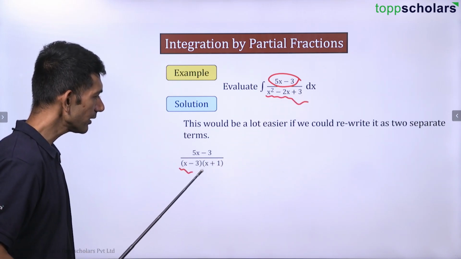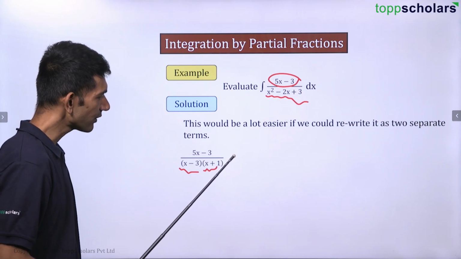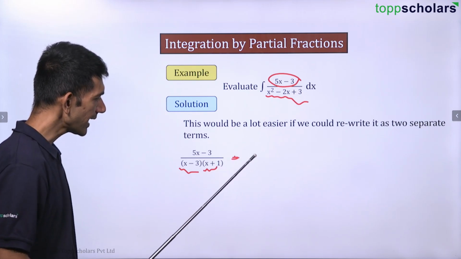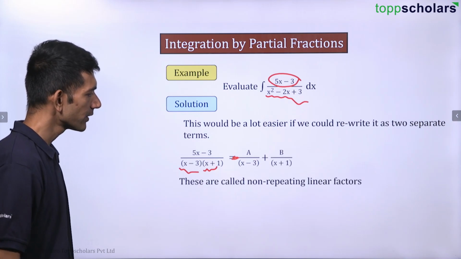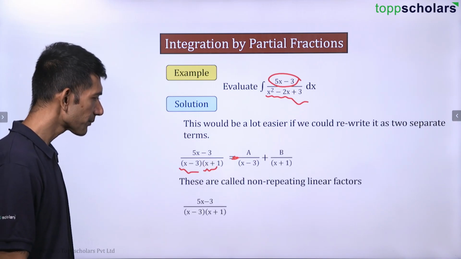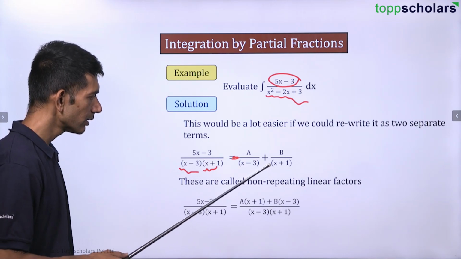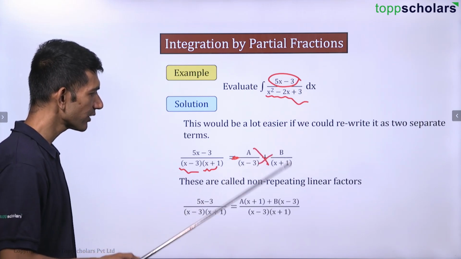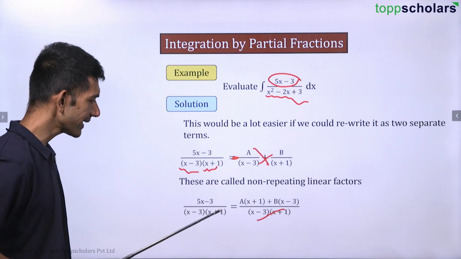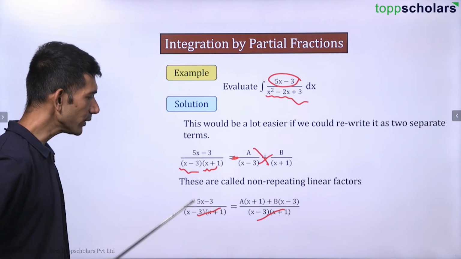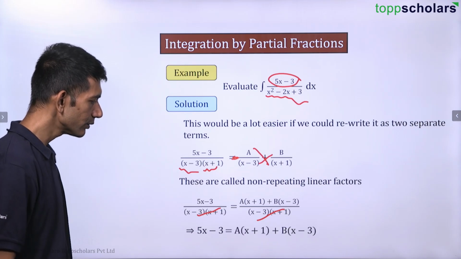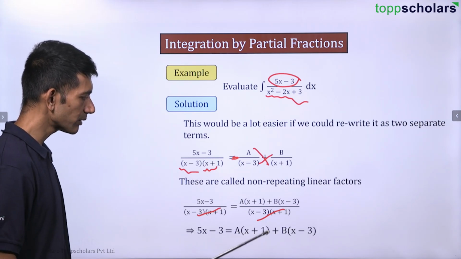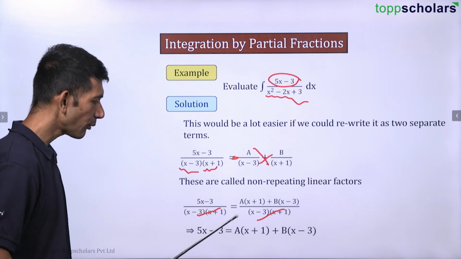That is x minus 3, x plus 1, and that is further equal to A by x minus 3 plus B by x plus 1. Now we'll solve this. X plus 1 goes here, x minus 3 goes here. This will get cancelled. And then you equate it now. So 5x minus 3 is equal to A multiplied by x plus 1 plus B multiplied by x minus 3. Now multiply A inside.